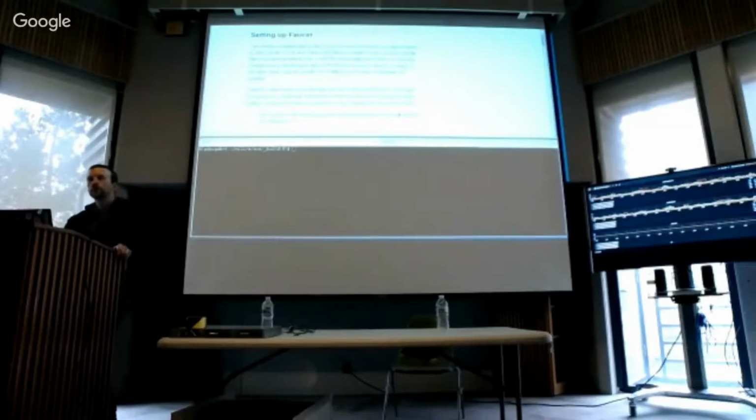Now, setting up Faucet, this was the bit that I had to figure out myself over the weekend. It turned out to be remarkably easy once I figured out I should just do the Docker method. So I just typed Docker build and a couple options and waited a few minutes. The bit of the instructions for installing Faucet that I ignored were the bits that said I should create some system level directories for configuring it.